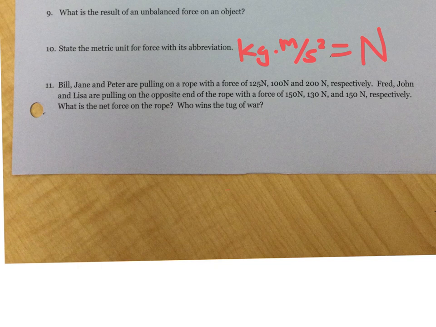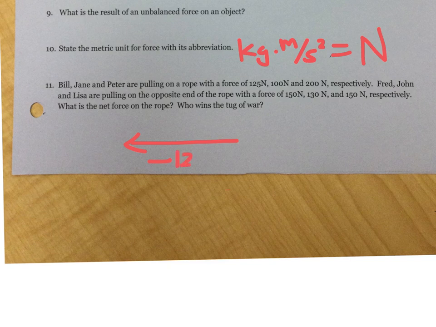And it says, what is the net force on the rope? Okay, so in this direction we have Bill, Jane, and Peter pulling, and the net force in that direction is negative because they're pulling to the left, and remember we define the left as being negative and the right as being positive.